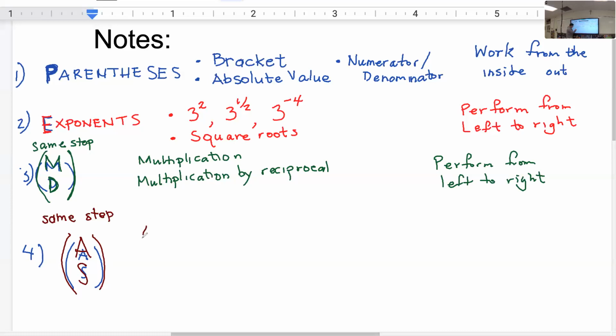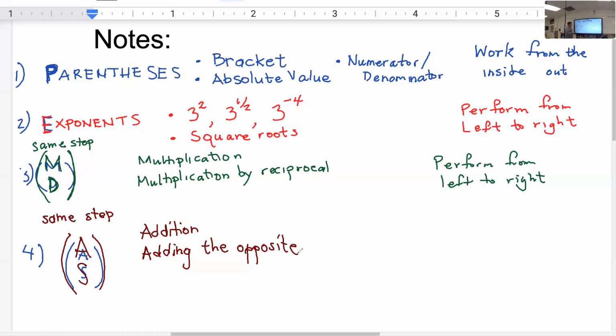So really, we have two things here: we have addition, and we have adding the opposite. Same exact thing. Doesn't make any difference whatsoever.